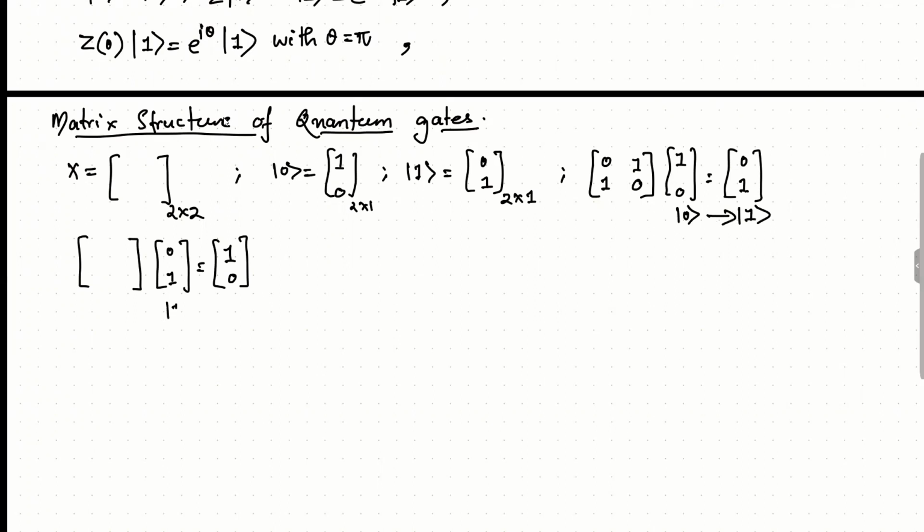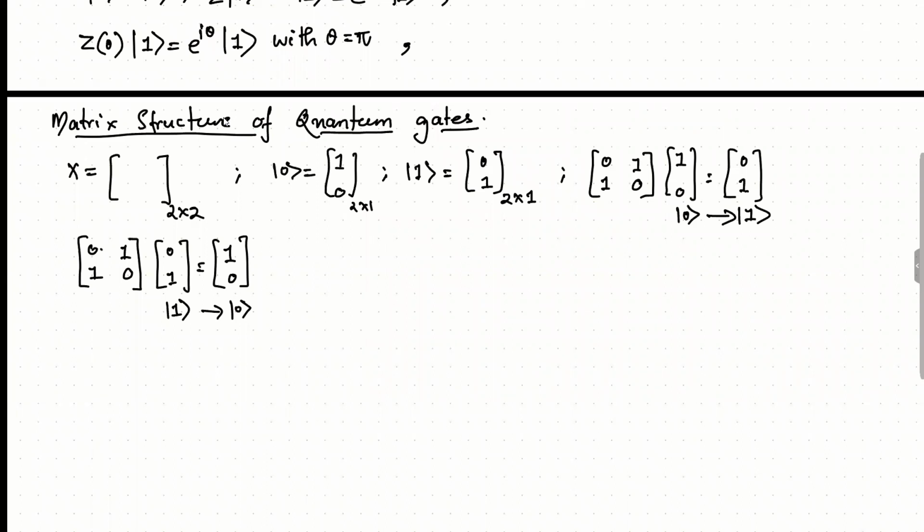Here it is taking state 1 to state 0. The same matrix will work. Okay. So you could do this matrix multiplication.